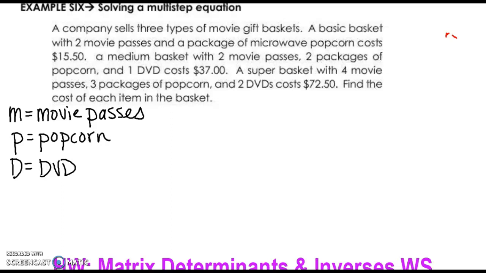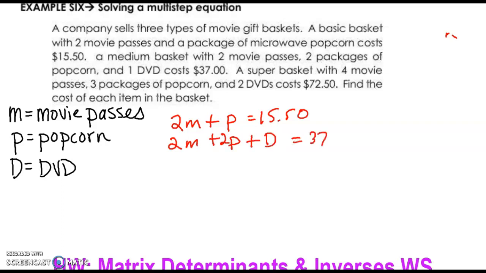Okay, so we got 2 movie passes plus 1 popcorn is $15.50. And then 2 movie passes plus 2 popcorns plus 1 DVD is $37. And then 4 movie passes plus 3 popcorns plus 2 DVDs is $72.50.